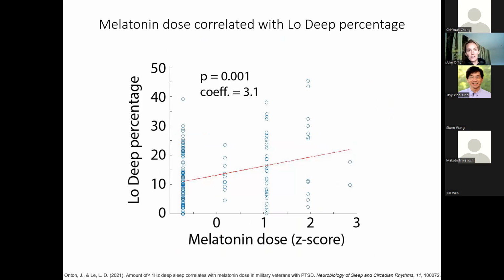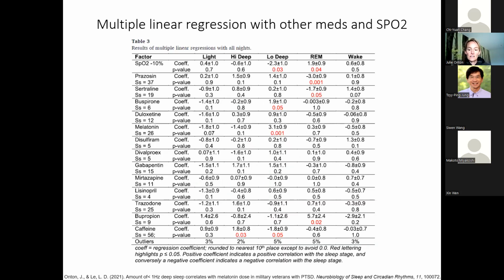So it's just the luck of a new medical director who prescribed melatonin more and was able to find this. The effect was conserved even when I controlled for a number of other medications that they were on, as well as their SpO2 level, so their blood oxygenation.